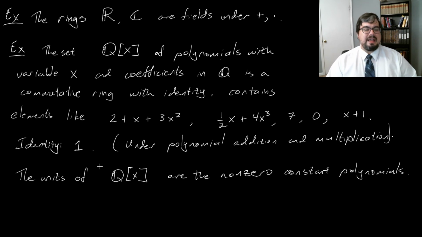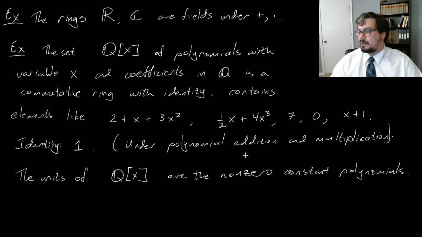So here's a ring that we built up out of a field. We use the field Q in order to build it, but even so, a lot of the elements of this ring are not units, and only a few of them are. And then we can go further with some more examples.